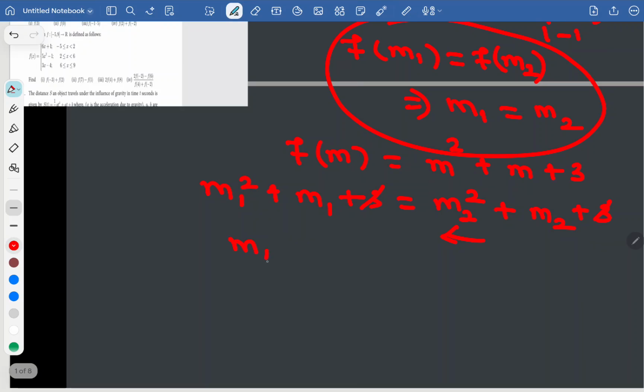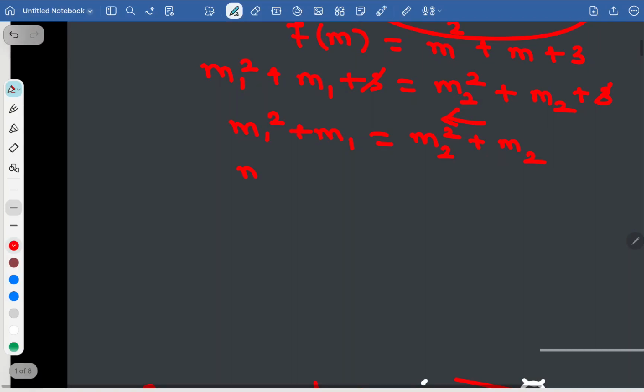Remaining terms: m1 square plus m1 equals m2 square plus m2. We can write it as m1 square minus m2 square plus m1 minus m2 equal to 0. This is of the form a square minus b square.